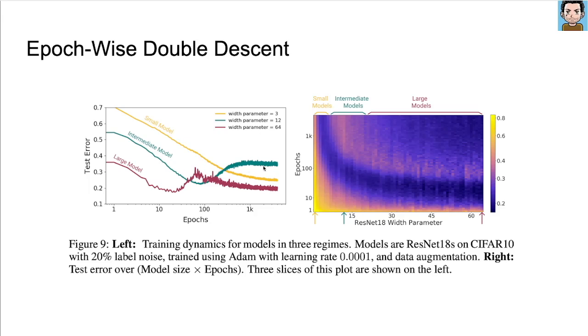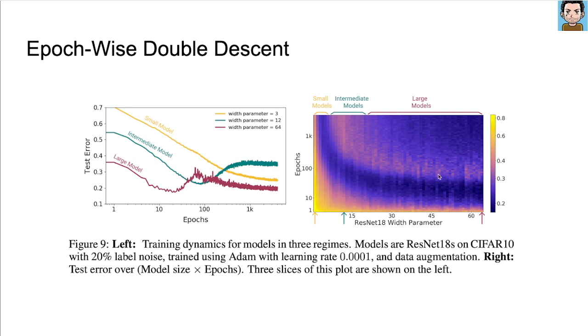This pattern also aligns with classical ML literature, where the model starts to memorize the trained dataset and suffer on the test dataset. Finally, for the red model with the highest capacity, we observe a descent in the error and then an increase and then a second descent. This curve shows that double descent happens not only as we increase the model size, but also as we increase the number of training epochs.